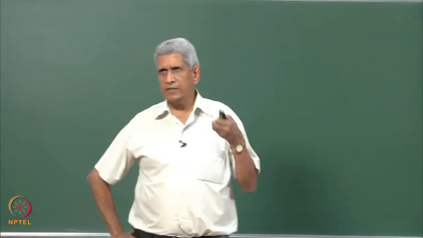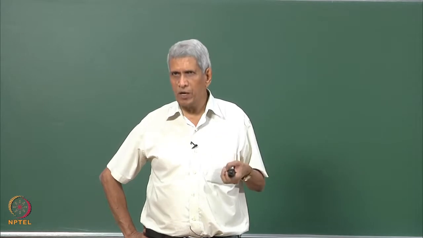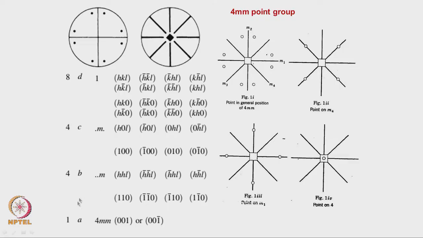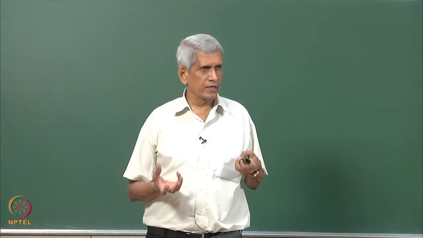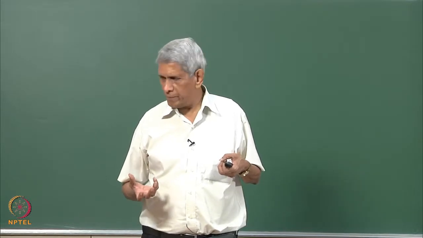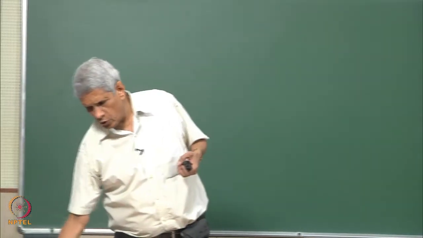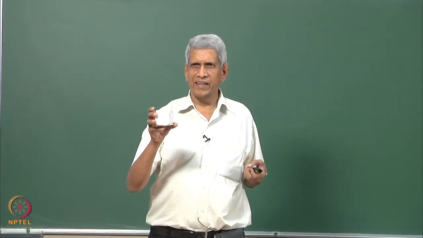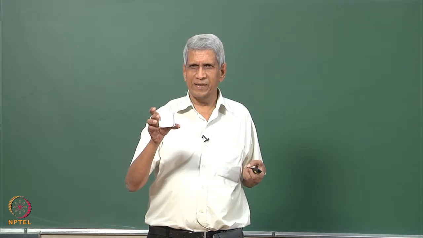I mentioned that a crystal can have special points also. So here what we are trying to do is identify the point group symmetry of a crystal looking at its external form. For example, suppose you look at this cube. What are the external forms this has, which you can see?